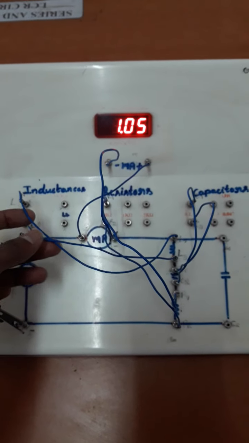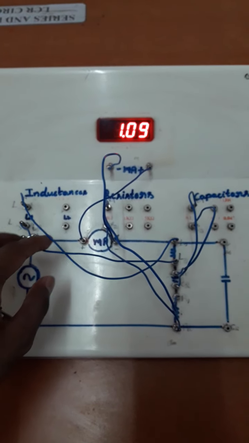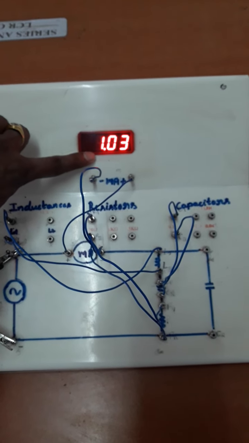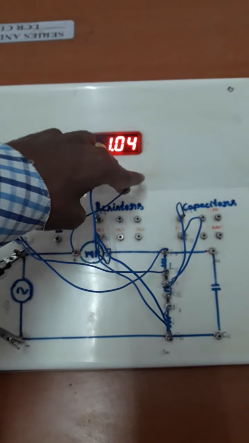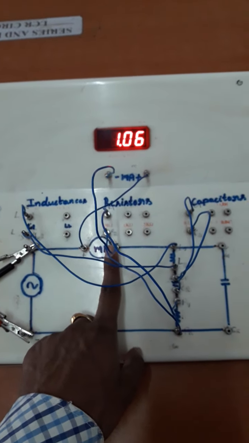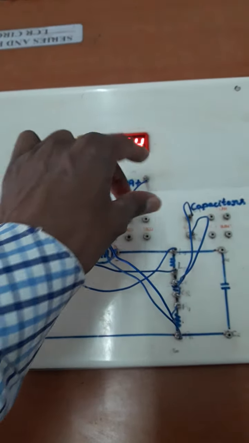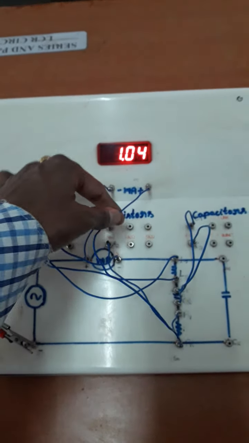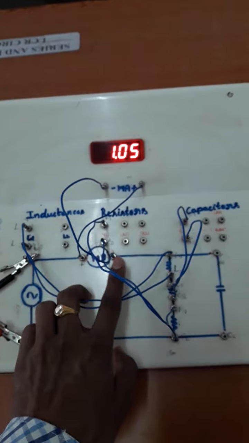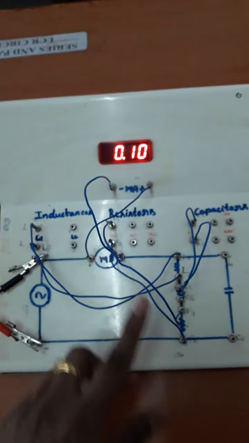This is the series and parallel LCR circuit kit. This is the ammeter, with two terminals to connect it, so the positive of the ammeter is connected to positive, and negative is connected to negative.